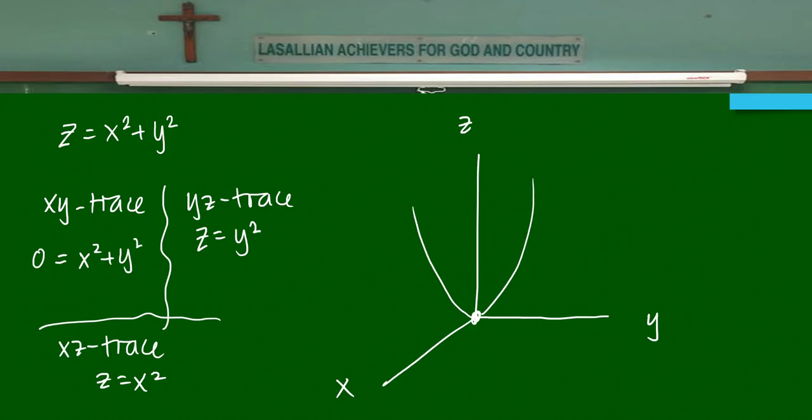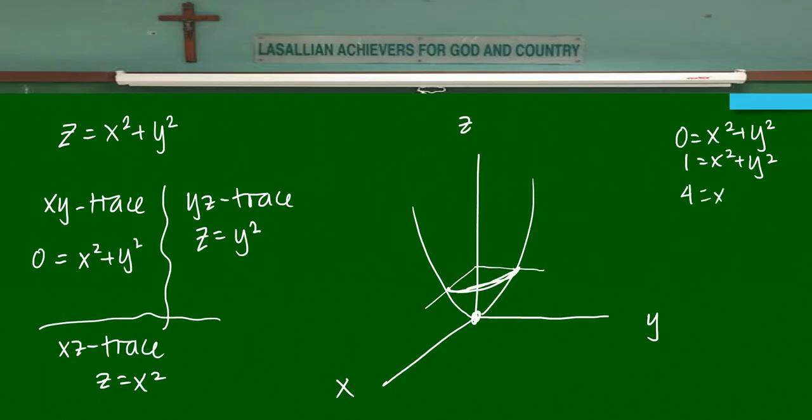Earlier I said the xy trace is simply 0. But what if we move higher? When I say we move higher, we start with 0 equals x squared plus y squared. What if z was equal to 1? Isn't it an equation of a circle? So if z was equal to 1, that's a circle with a radius of 1.